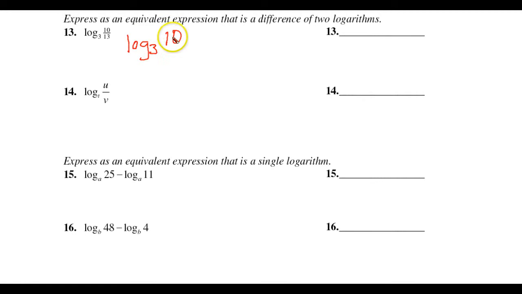So base 3 of 10 minus, because of our denominator here, log base 3 of 13. And this will be log base t of u minus log base t of v.